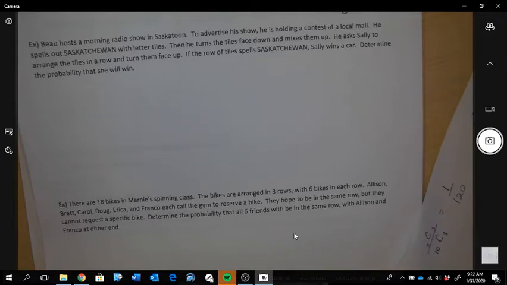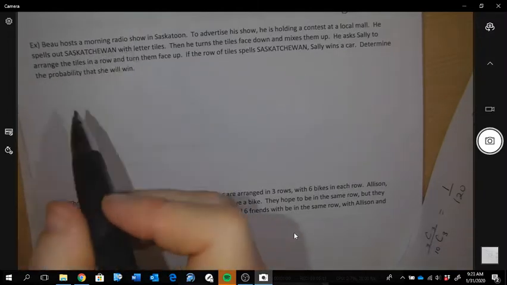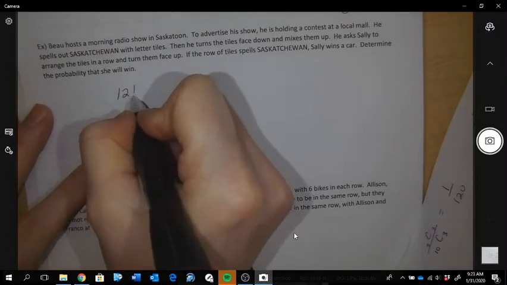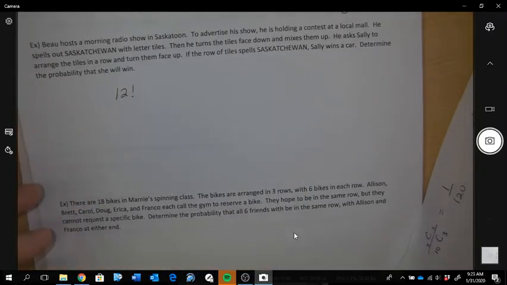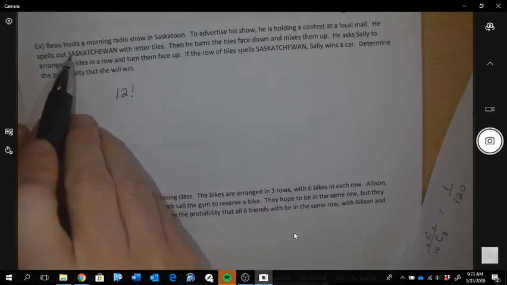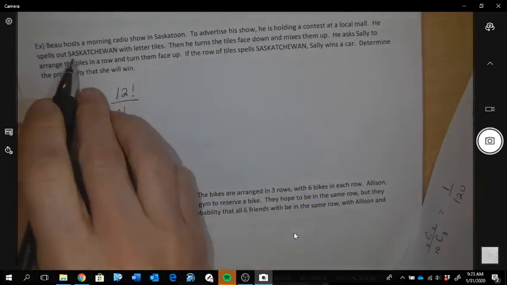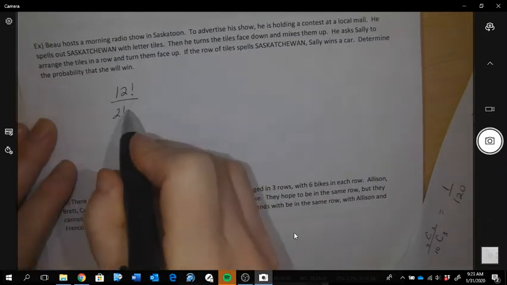Okay, so let's talk about the arrangement of those letters. So Saskatchewan has 12 letters in it. Okay, but you can see that there's a few repeats. S gets repeated twice, and the A gets repeated 3 times.